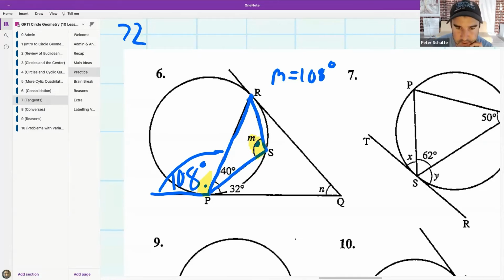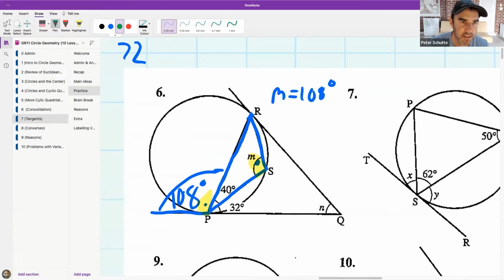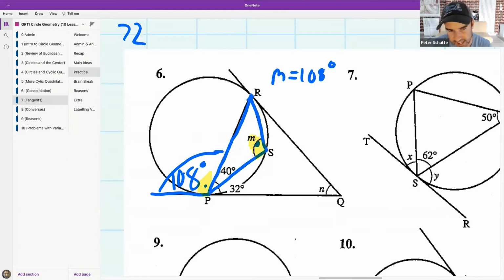Now, if M is 108, I've got what M is. What about N? I think this is going to be the isosceles triangle thing. Oh, sorry guys, this is a triangle, but two of the parts of the triangle are tangents from an equal point.